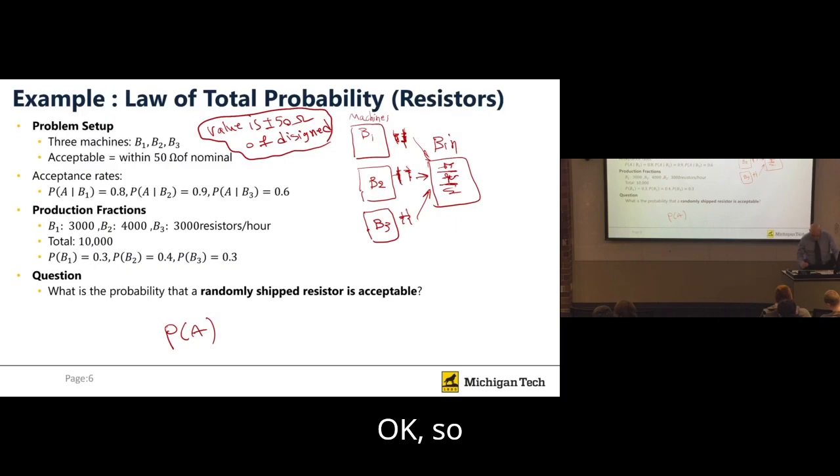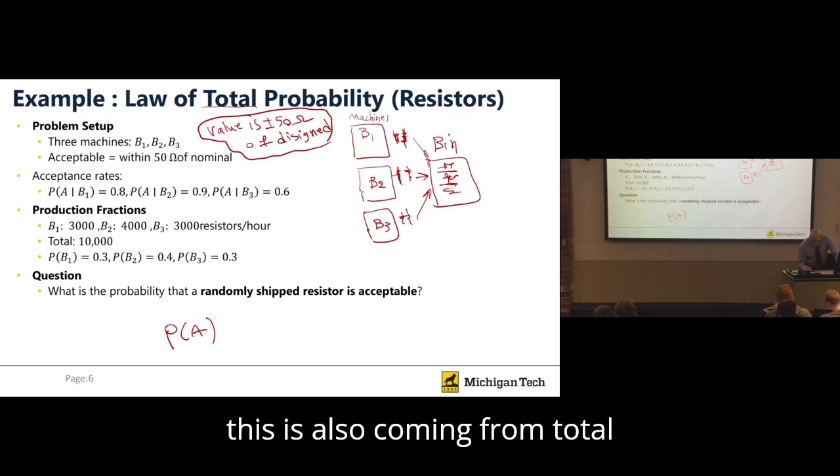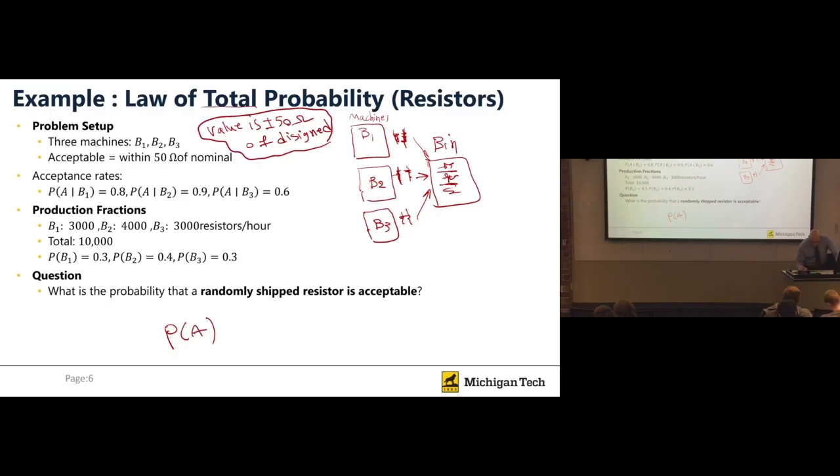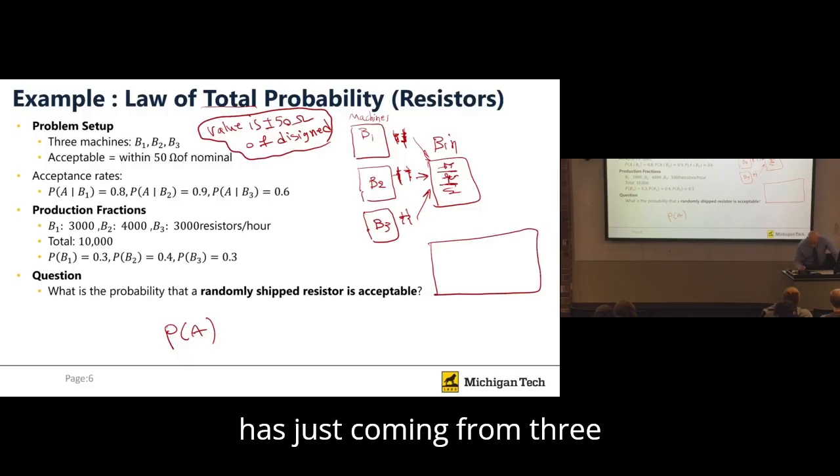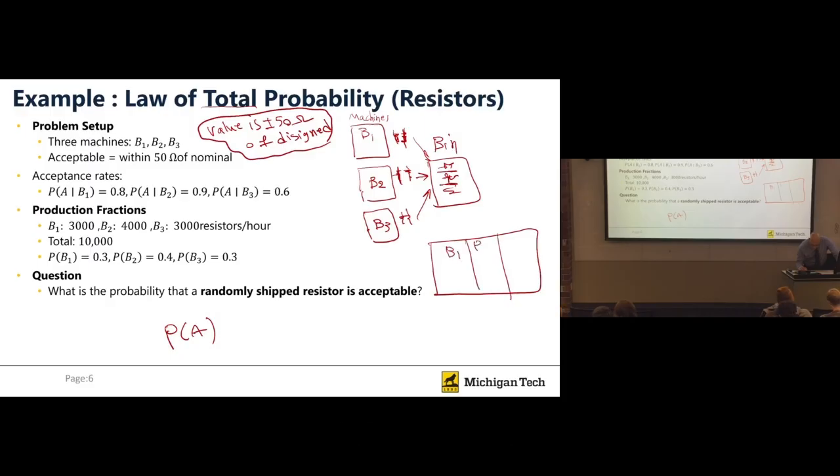Okay, so this is also coming from total probability because the space that we have comes from just three machines, B1, B2, and B3.